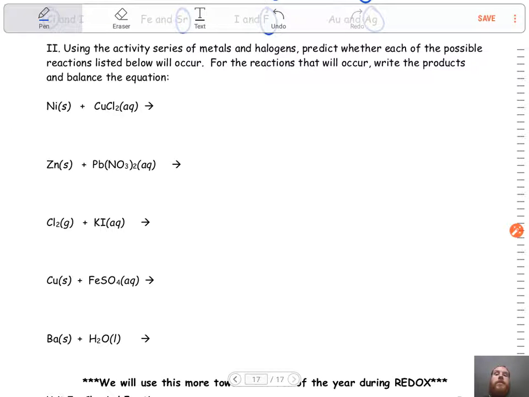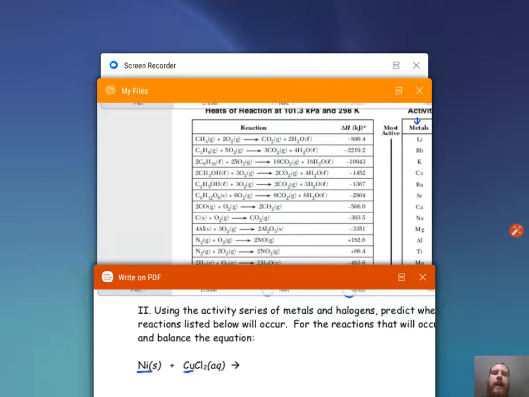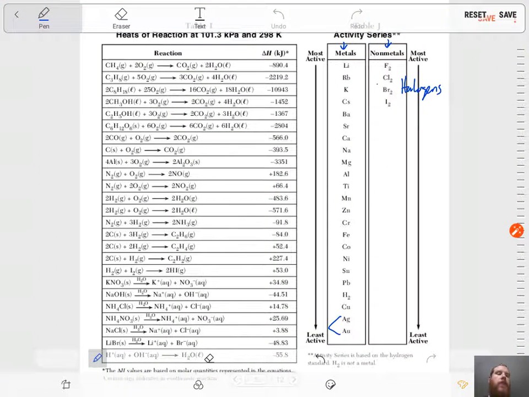Now what we're going to do, specifically for single replacement reactions, we're going to identify, will this reaction actually take place? So we would go and look, okay, I've got nickel trying to replace, which one's it going to try to replace? It's going to try to replace copper because nickel's a metal and copper's a metal. So I'm going to jump over to table J and look for those 2 elements. All right, so I'm going to erase what I had already up there. So I'm in my metals column and I'm looking for those.